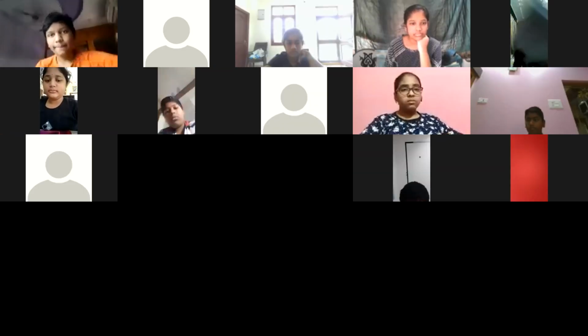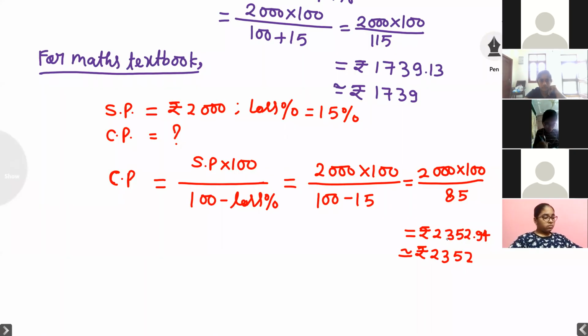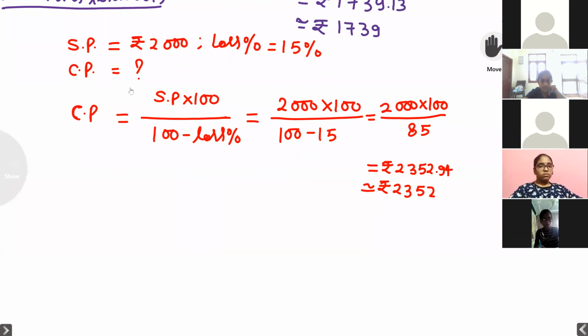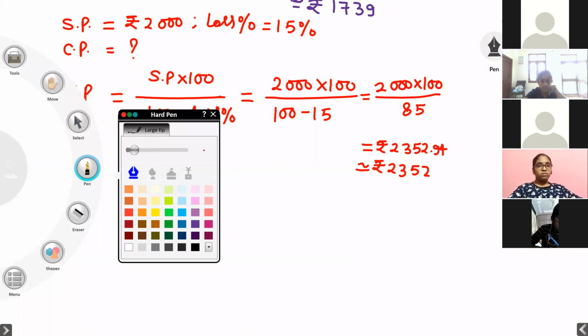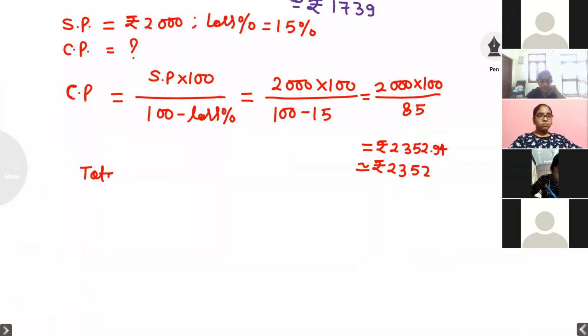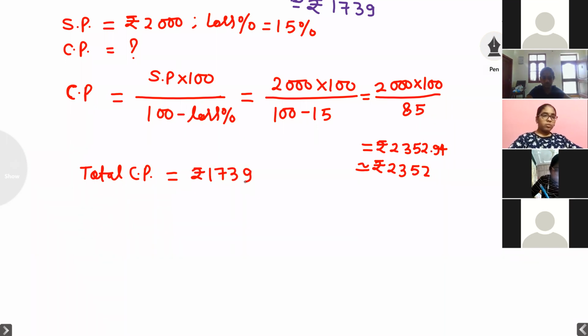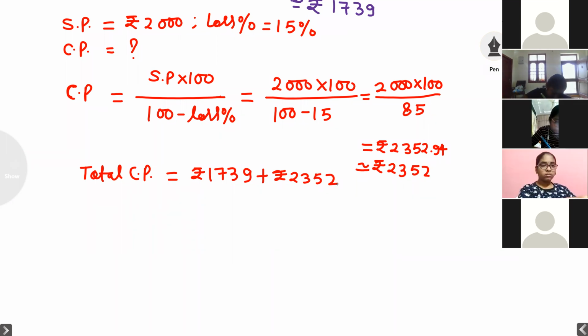Total CP is equal to CP for novels, which is rupees 1739, plus CP for the math textbook, 2352.